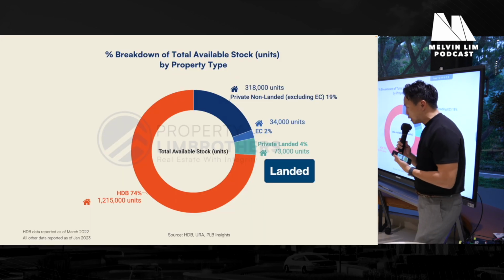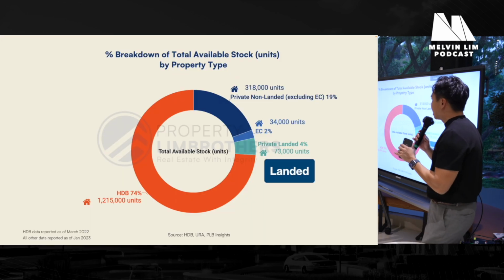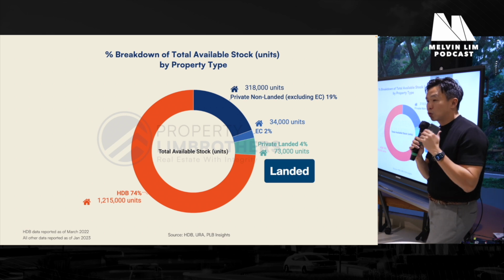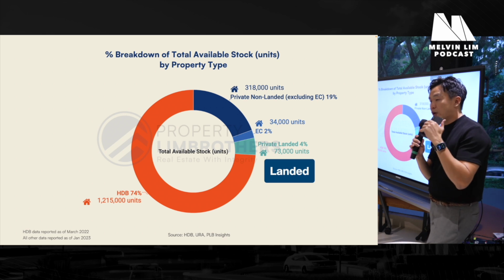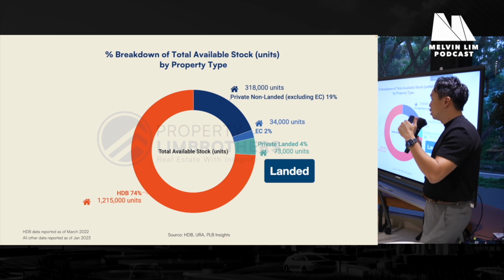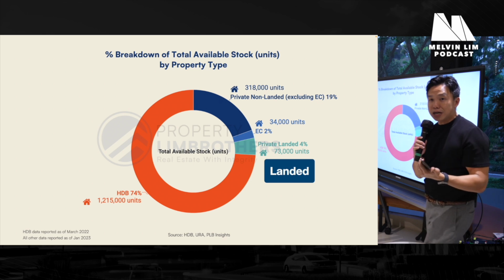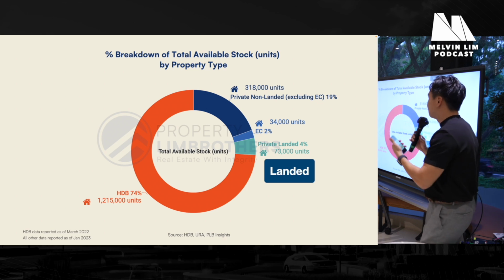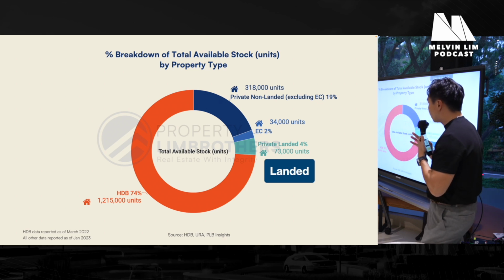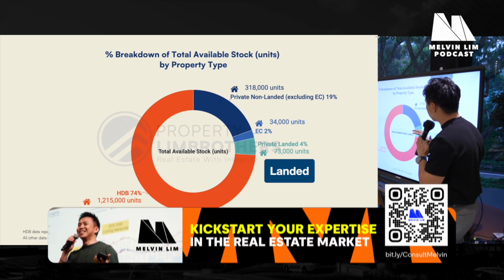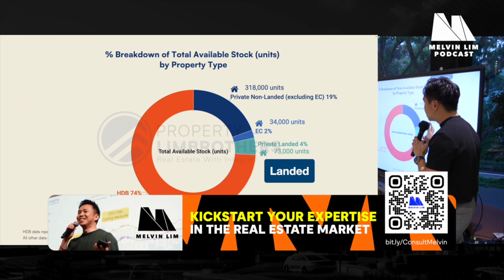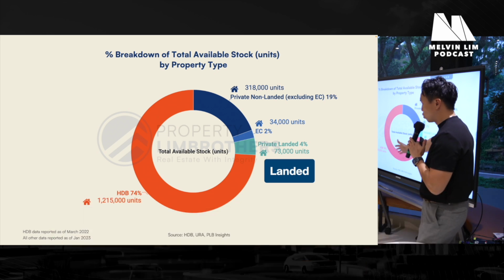Over the years, especially in the last 10 years, once all the cooling measures came out, people started to recognize which kinds of residential assets are softer and which are harder. This has to do with the overall inventory in the market. When we look at the choices of residential properties in the whole of Singapore, although our land is very scarce, we have 1.2 million HDB, growing by about 20,000 units per annum.